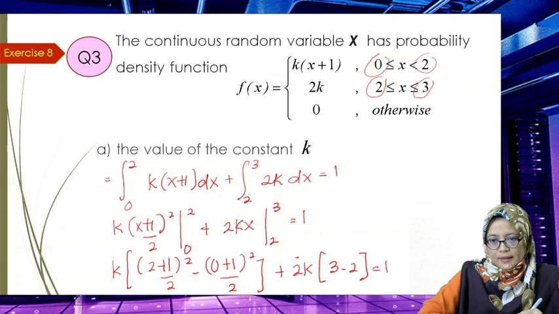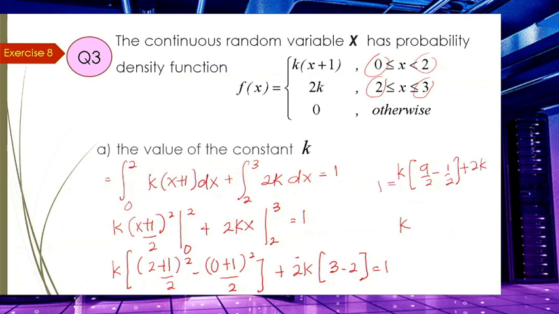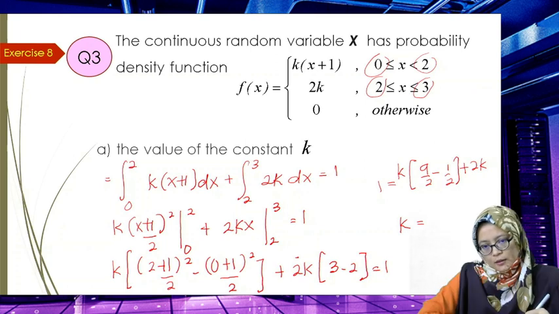Okay, so simplify, kita akan dapat 9 over 2 minus 1 over 2 plus 2k equal to 1. So from here awak akan dapat k equal to 1 over 6.